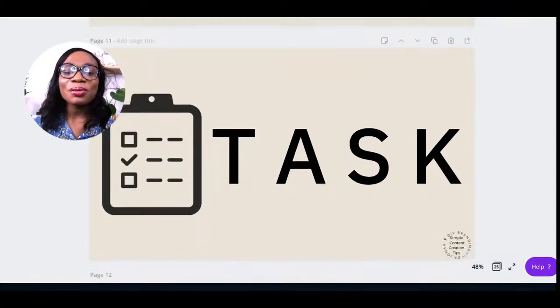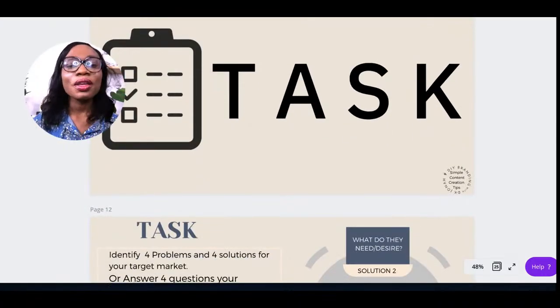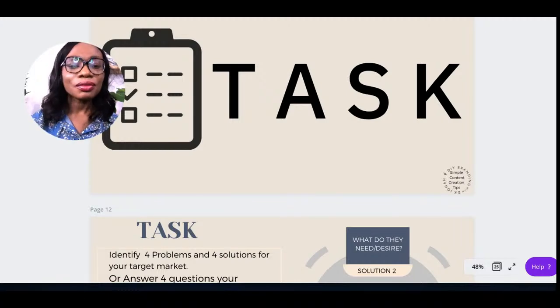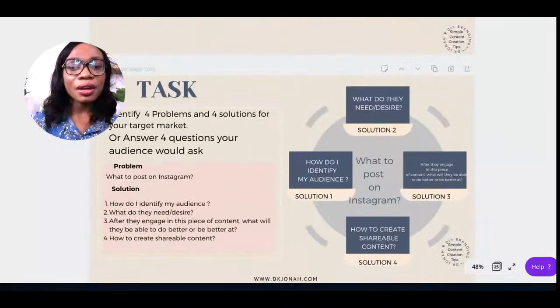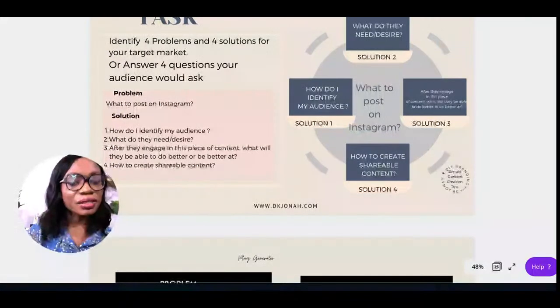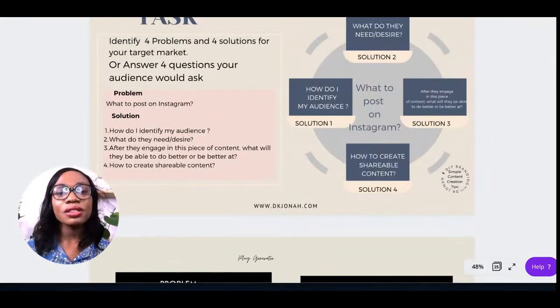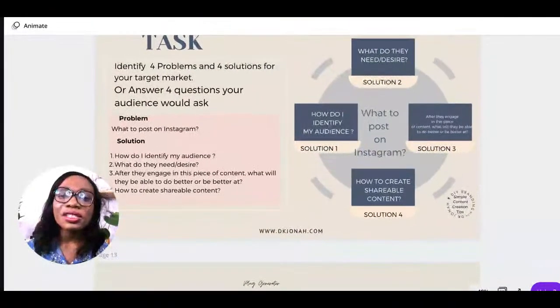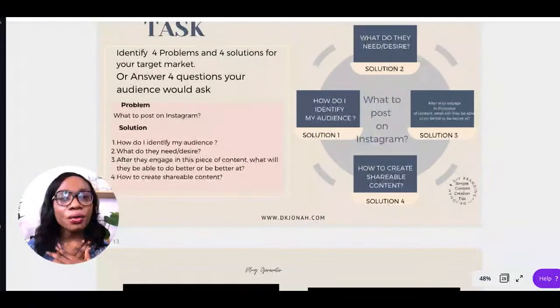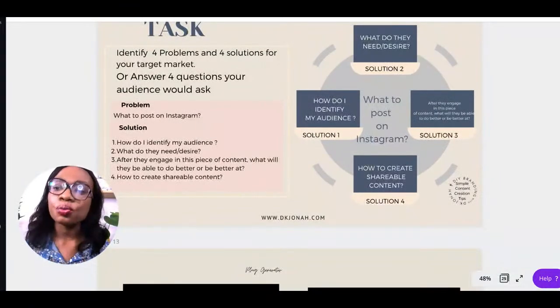And we've come to the task. We're going to all do this task again. This is something that I always tell people to do, and it's about identifying certain things that you need to know that your audience are going through. Now, one struggle my own audience have is what to post online.